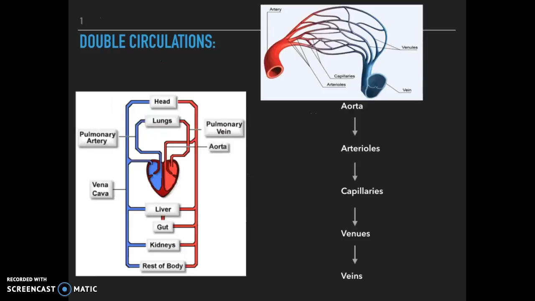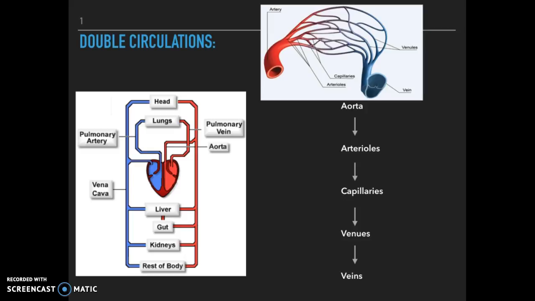The double circulation is obviously the pulmonary and systemic circulation. So this is using the aorta, the arterioles, capillaries, venules, veins. The pulmonary circuit is where it exits the heart on the right ventricle through the pulmonary trunk, which is deoxygenated.